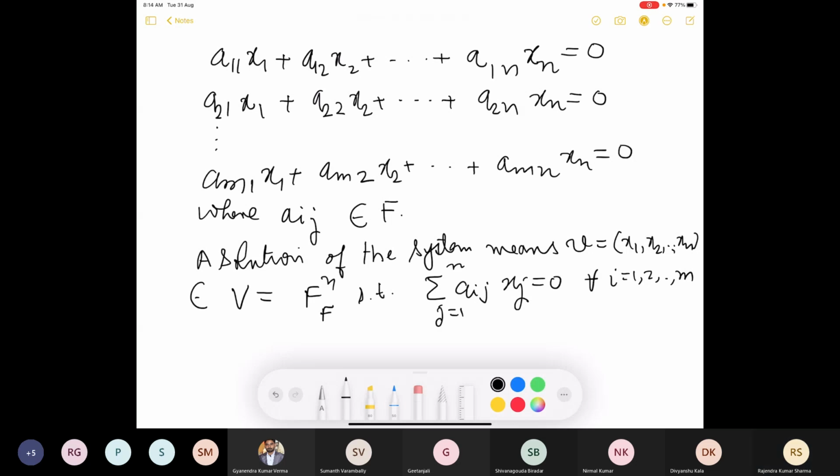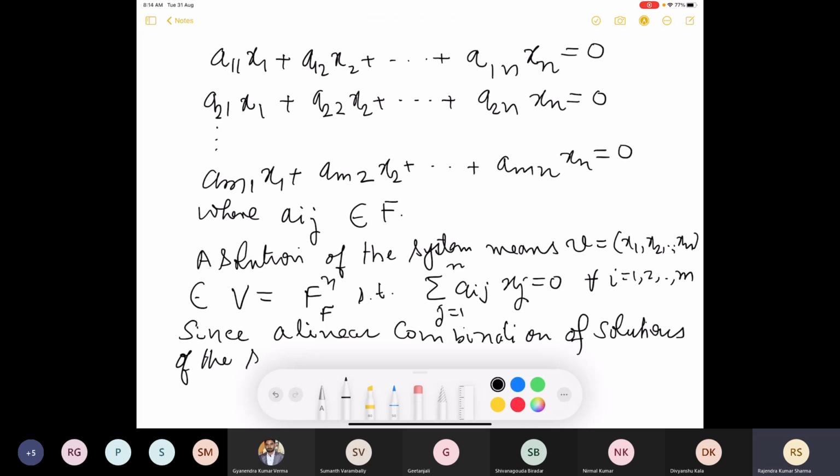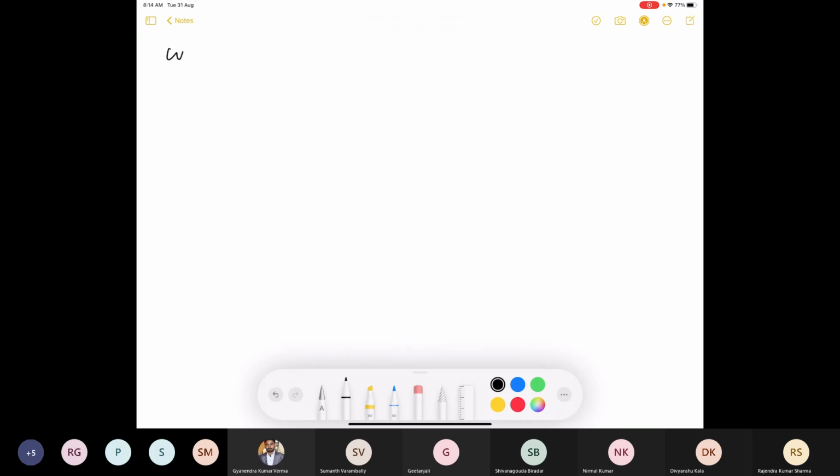So since a linear combination of solutions of the system is also a solution, we are interested in finding linearly independent solutions.